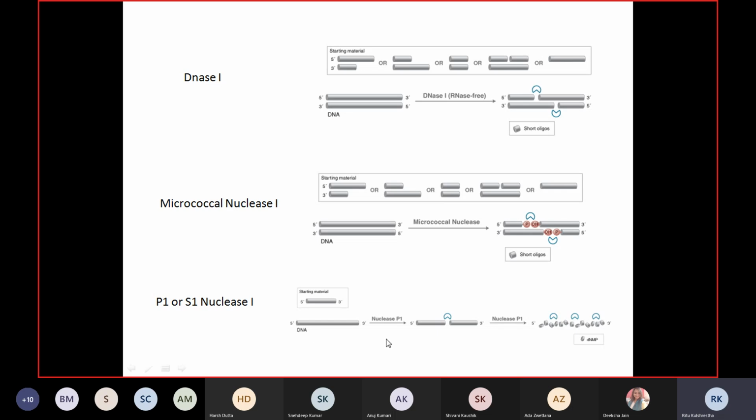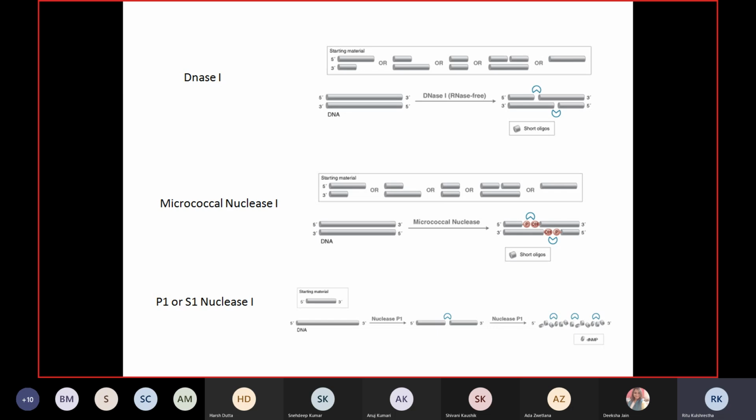So you can understand that if I'm talking about determining the intron exon boundary, and I hybridize my genomic DNA or primary transcript with the mature mRNA, the intron will remain single stranded because it will not have any template to hybridize to in the mature mRNA.